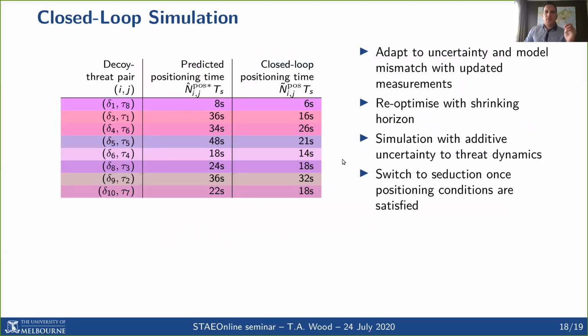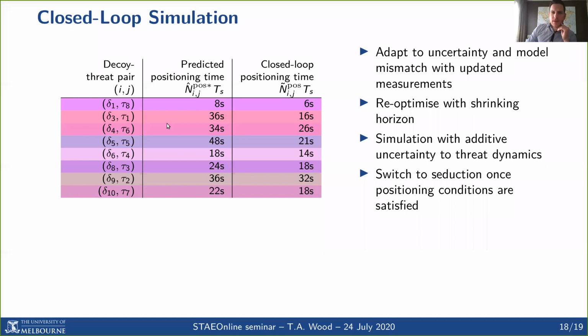And then we also tested or applied this in a more complex simulation where we have uncertainty that we don't incorporate into our model. So we also look at uncertainty of the threat in this simulation. And we re-optimize in every step. So we have a shrinking horizon.